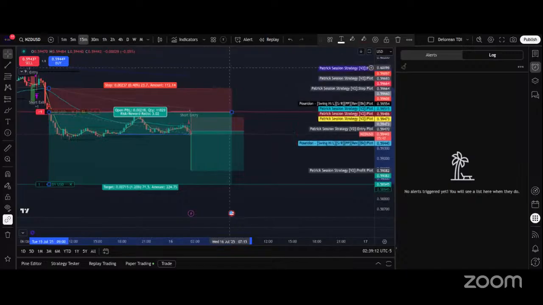A little under 6 minutes left to go. We are already in profit on the 15-minute trade that we just called on New Zealand dollar versus US dollar.